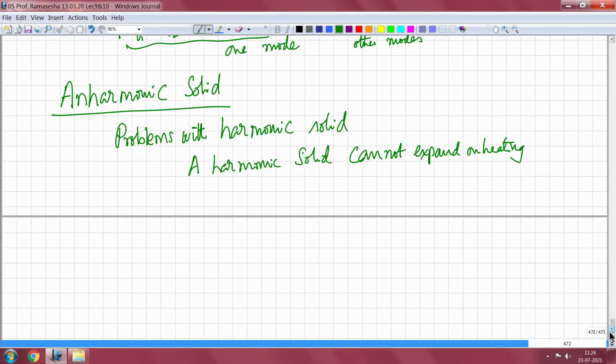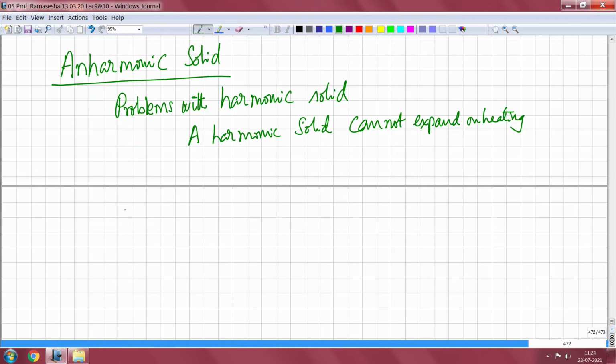The reason is very simple. You look at the harmonic potential. The harmonic potential is a parabola. I will draw a better one. Okay, and this is the potential energy V, and this is x, and this is x naught, the equilibrium position.